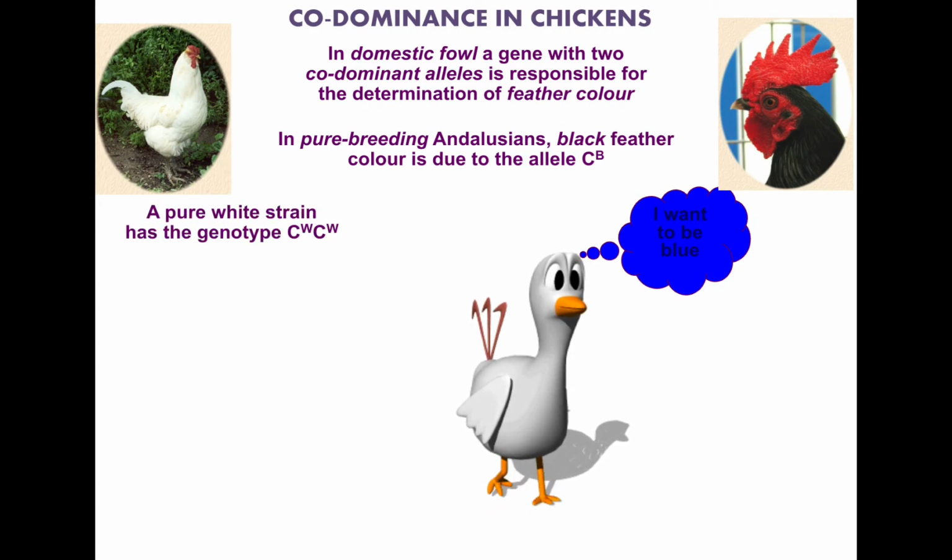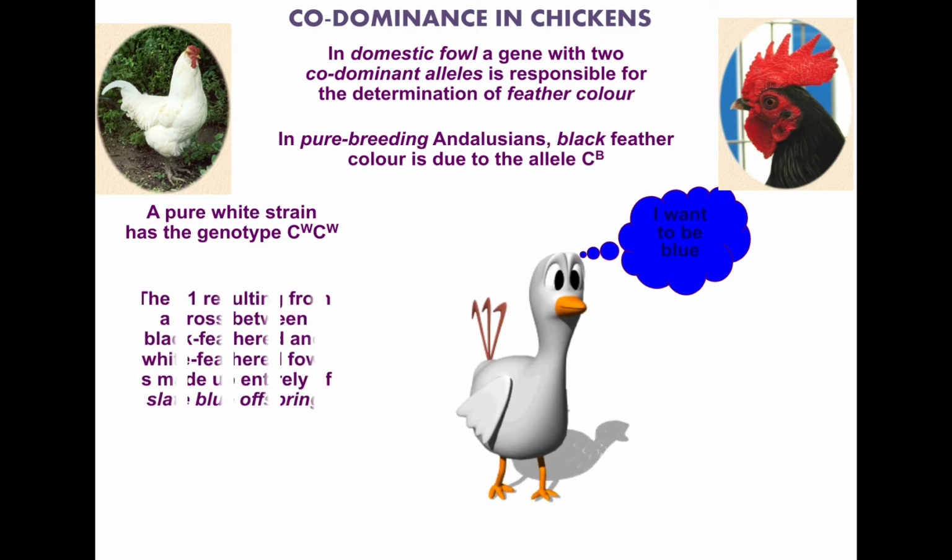The white strain will have the CW genotype. The first generation, resulting from a cross between a black and a white feathered fowl, is made up entirely of slate blue offspring.